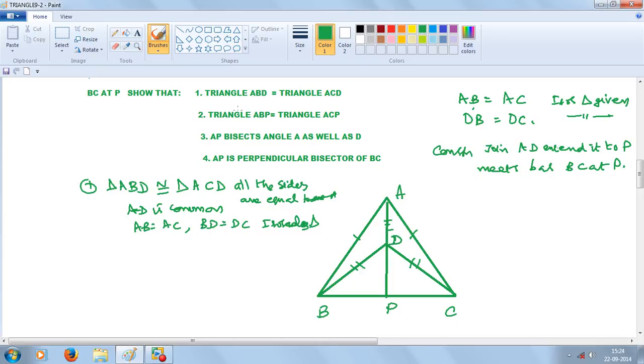What is the next one? What about triangle ABP and triangle ACP? Now when the first part is proved, angle BAD is equal to angle CAD.